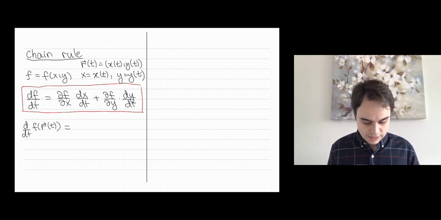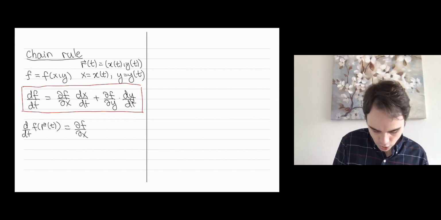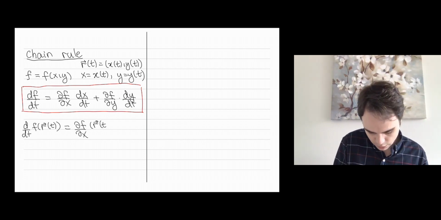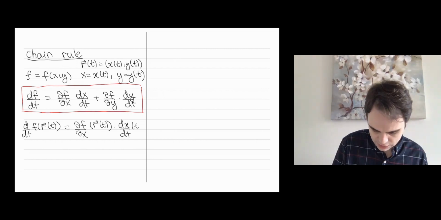And what's going on here? So this answer is going to be df dx evaluated at this point r of t, at x comma y, multiplied by dx dt. Now x just depends on t, it doesn't depend on a position in space, so dx dt is evaluated at t, and then plus a contribution with respect to y.